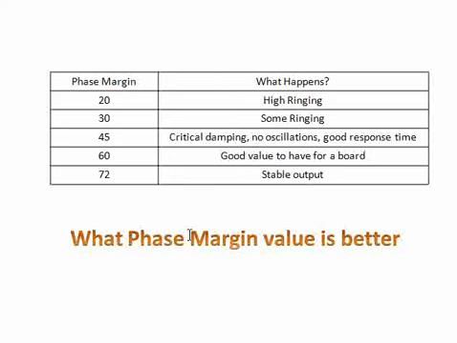In the next video we will talk about how to improve that phase margin and what the design engineers do to compensate the regulators. Hope we gave an idea of what a phase margin is, how it is important, and why compensation is required in regulators.